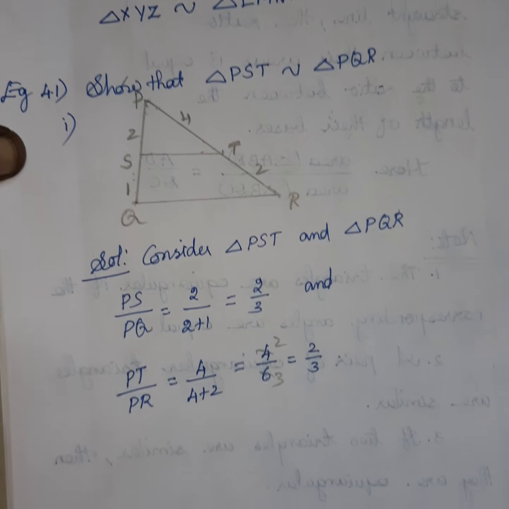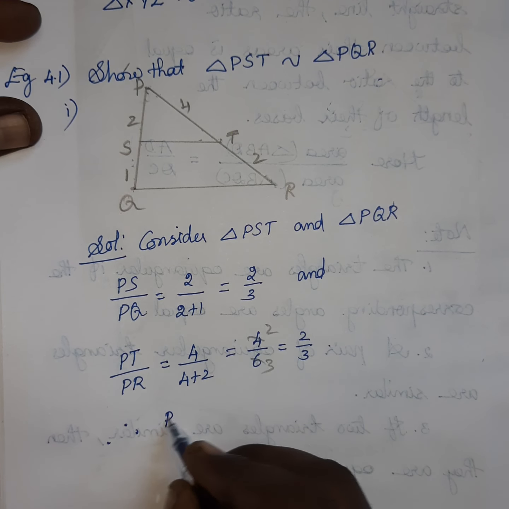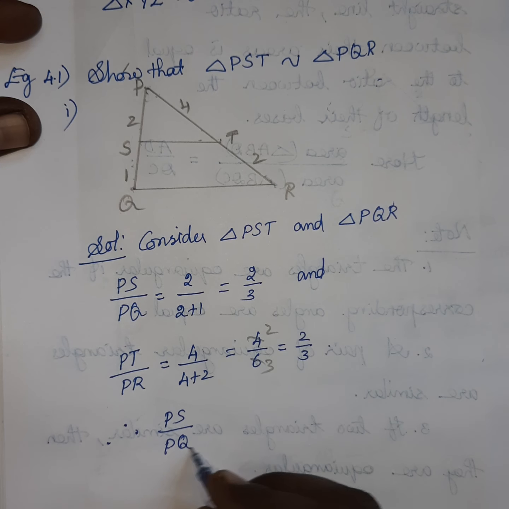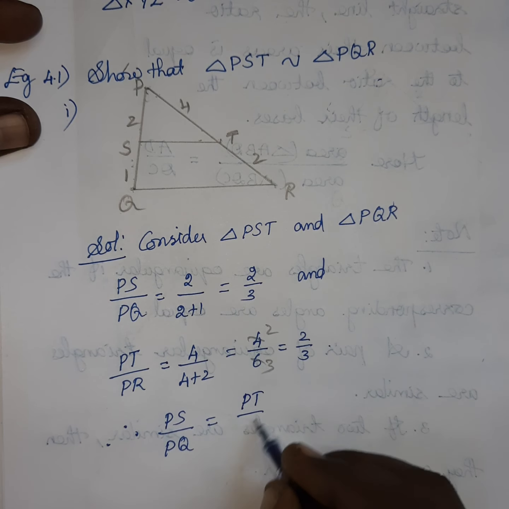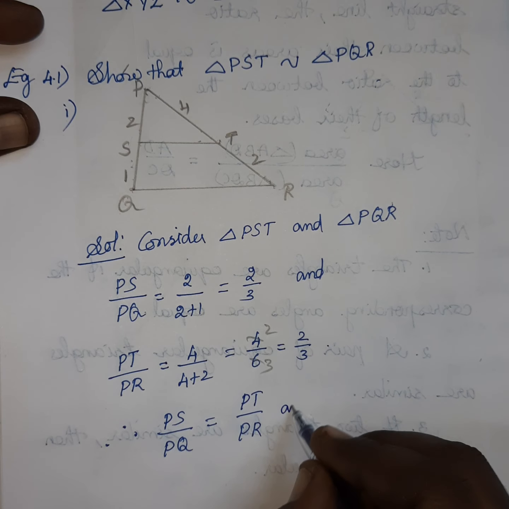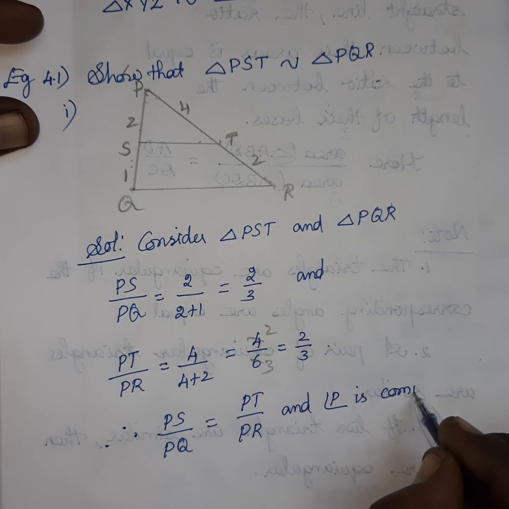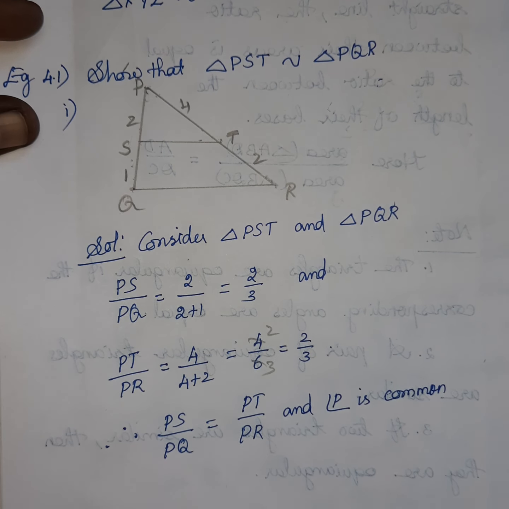With this result, we can write, therefore, PS divided by PQ equal to PT divided by PR. So the corresponding sides are proportional and angle P is common. Common means same. There is no change in the angle, so no need to check.